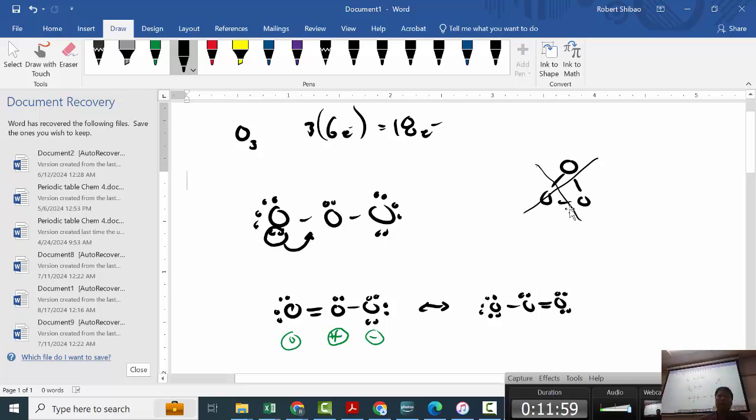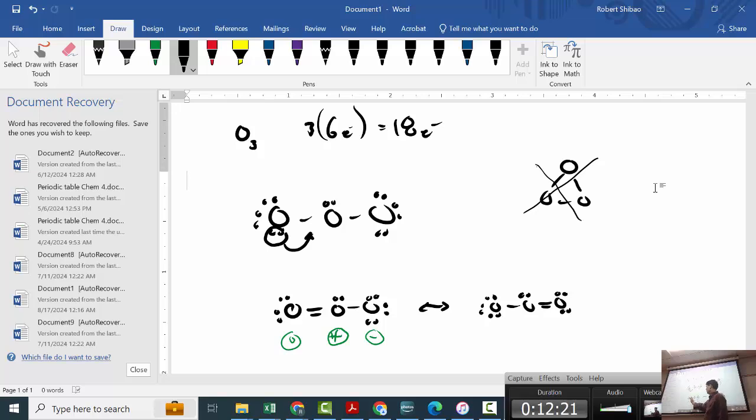So what's happening with the ozone here is, well, this is formal charge. When we do oxidation state, it's a winner-take-all type situation, but winner-take-all, oxygen versus oxygen is a tie.